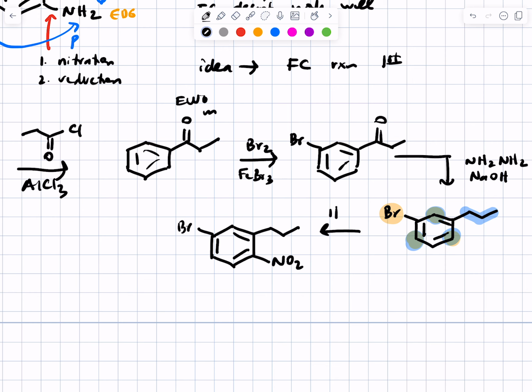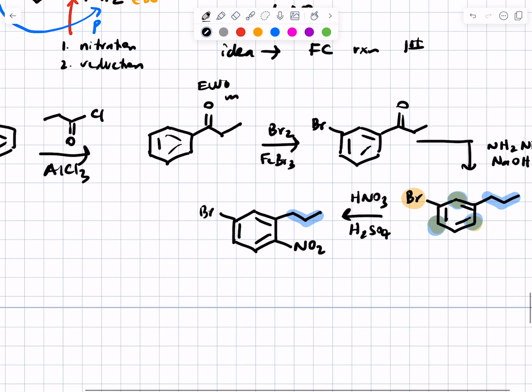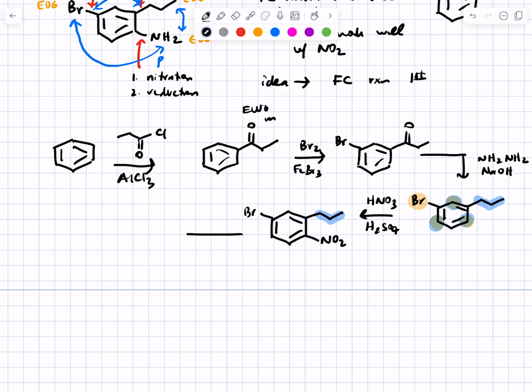Of course, we would get the other product, and we would assume that it was easy to separate the 2. You are allowed to do this for ortho and para substitution. You're not allowed to do this for ortho para versus meta. Do you see what I'm saying? I'm not drawing the other product, okay? And then to get to the final desired product, we're just going to do hydrogen and palladium on carbon.